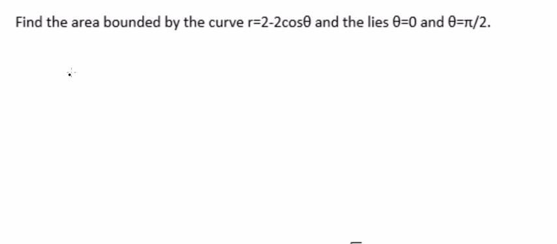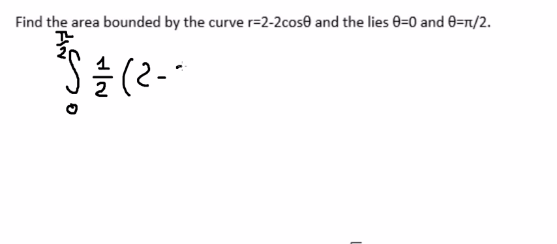So the answer should be the integral from 0 to b over 2, and we have 1 over 2, and this one you got about (2 minus 2 cosine theta) to the power of 2 d theta.